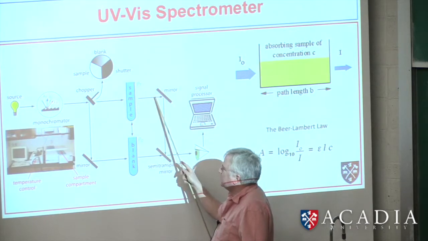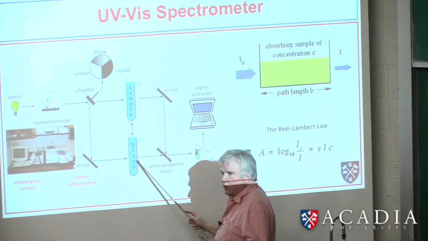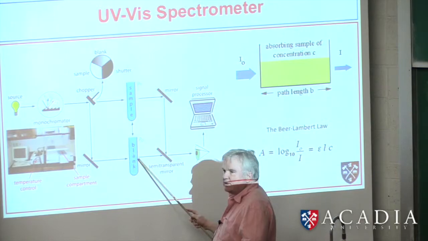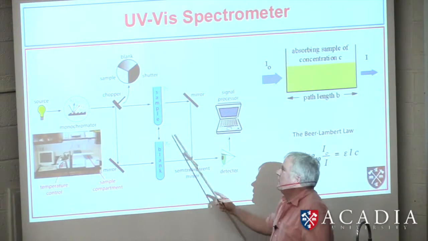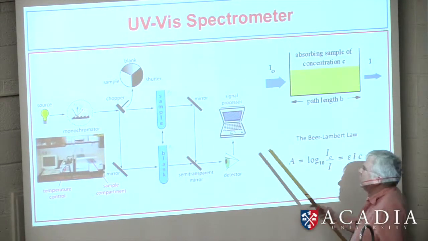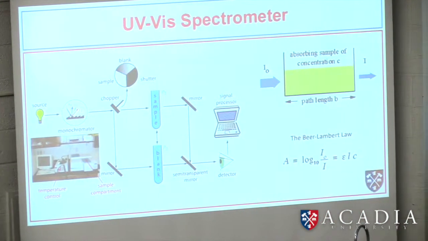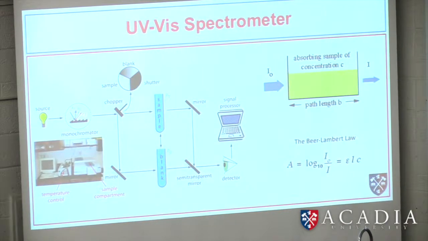We let some of it go through the sample. We let another amount go through the same solvent system but with no sample in it, and we compare the amount of light that gets through, the transmitted light, and we can use that, capture it in a computer to build up what we call an absorption spectrum.